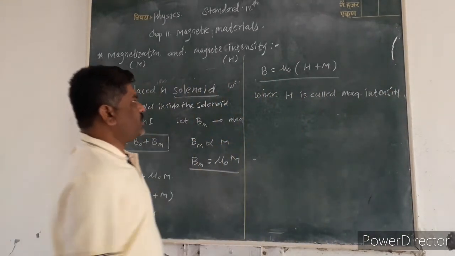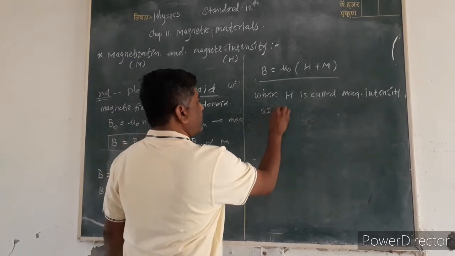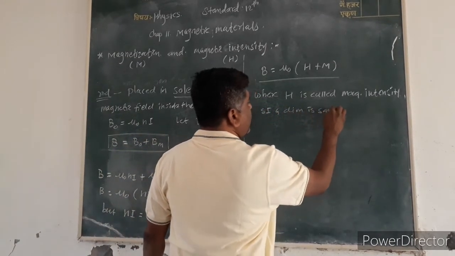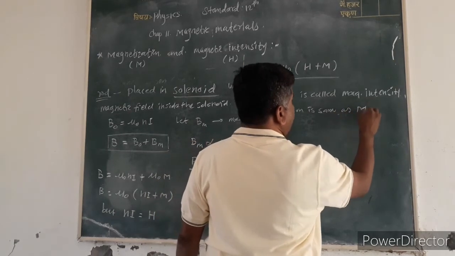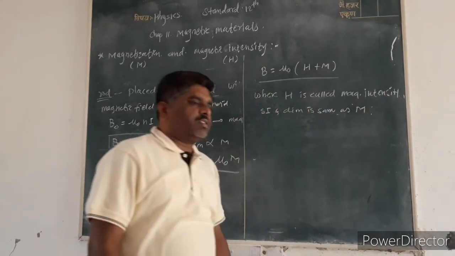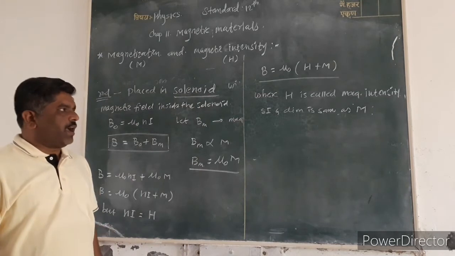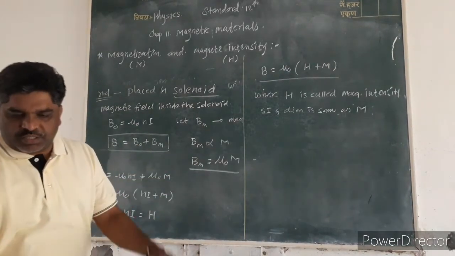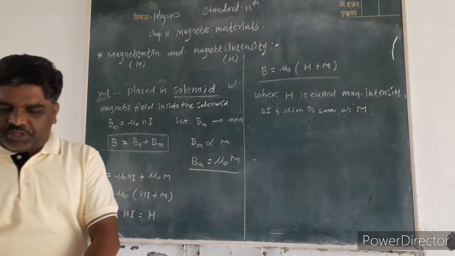The SI unit and dimension are the same as magnetization M, because magnetization and magnetic intensity are similar quantities.